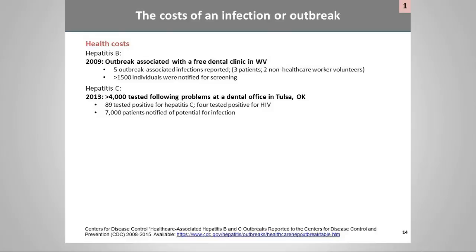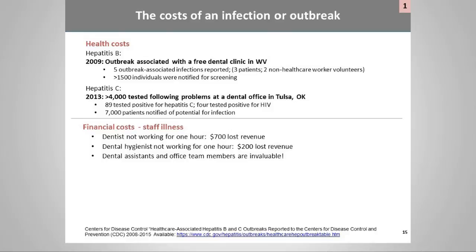And then in 2013, there was one that made national news here in the U.S. in Tulsa, Oklahoma. 89 people tested positive from that oral surgery practice for hepatitis. 4 tested positive for HIV, and 7,000 patients were notified and had to be screened. You can imagine this is really a nightmare for a business and also a nightmare for the patients themselves.